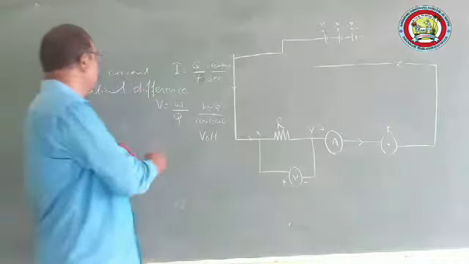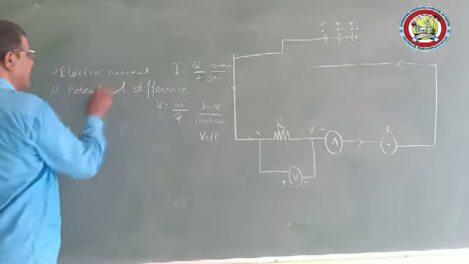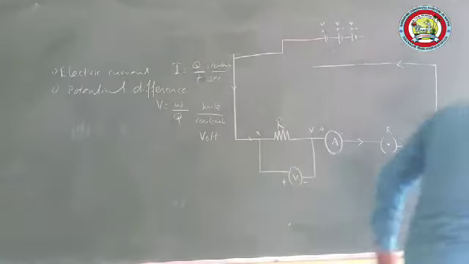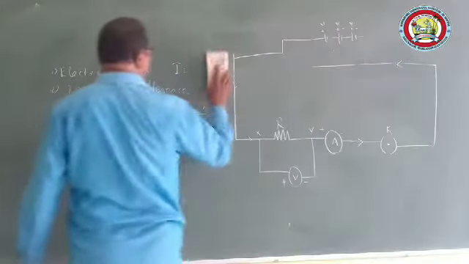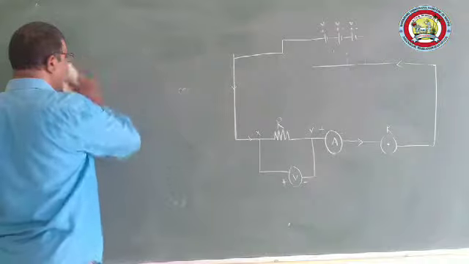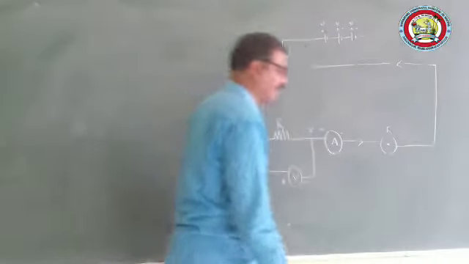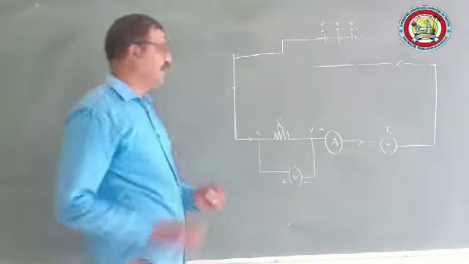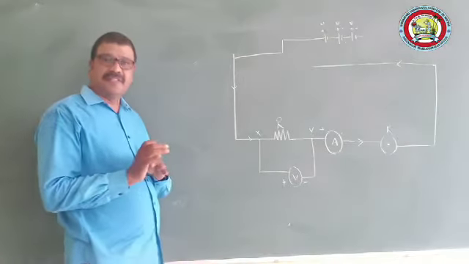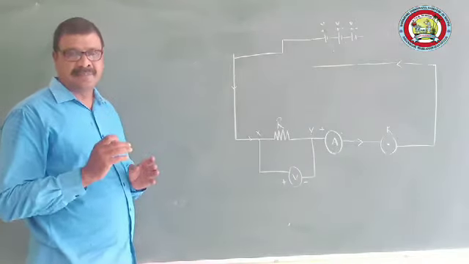Now we will establish the relation between electric current and potential difference. The relation of potential difference and electric current is called Ohm's law. He gave us a relation between them.